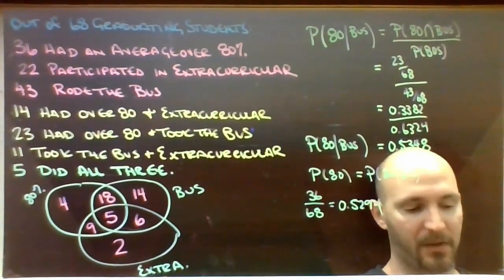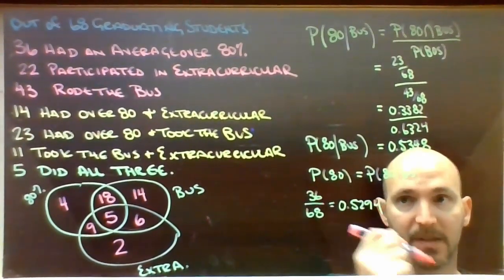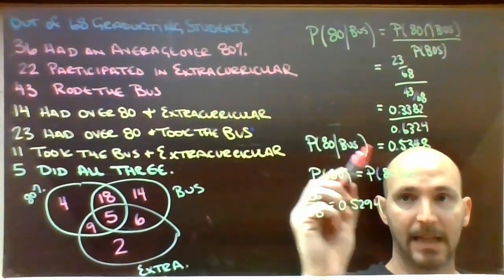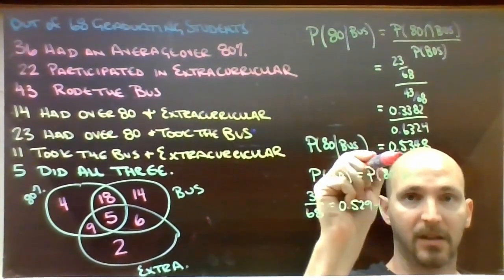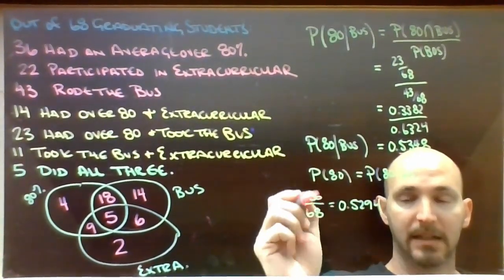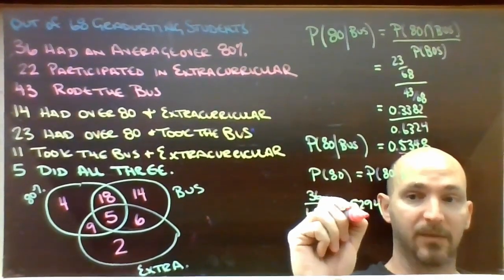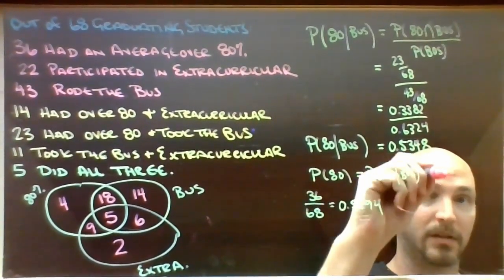If we compare those two numbers, the probability of getting an 80 given you rode the bus was 0.5348, and the probability of getting an 80 was 0.5294.